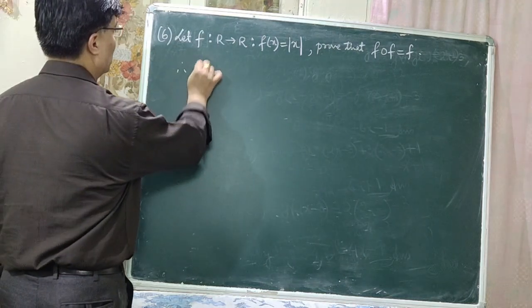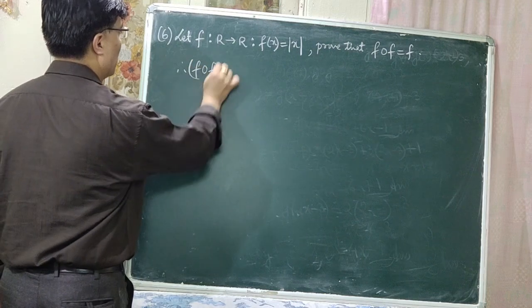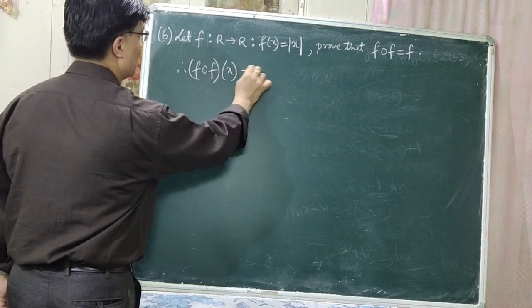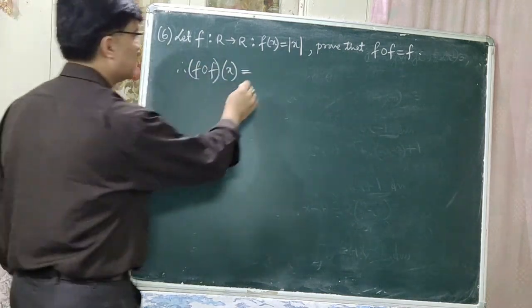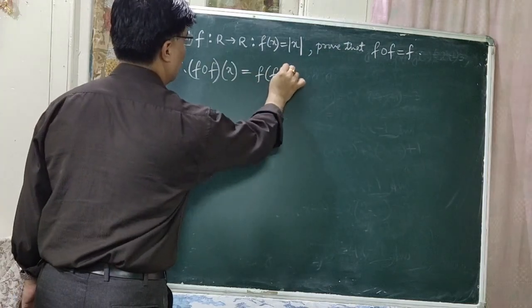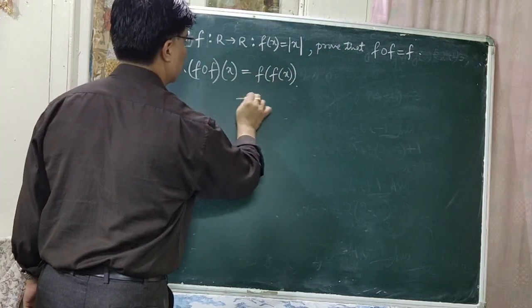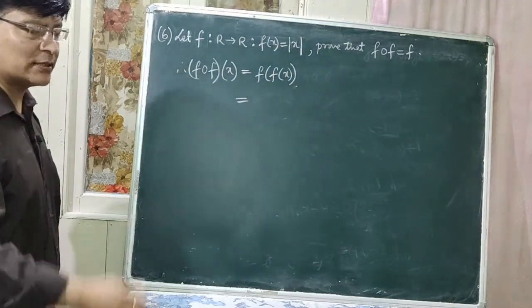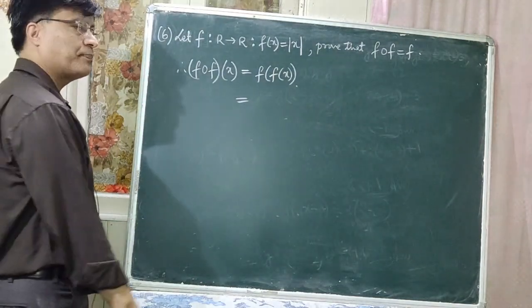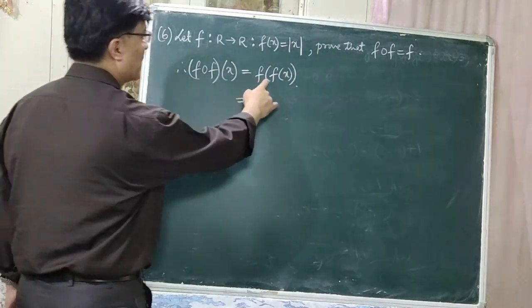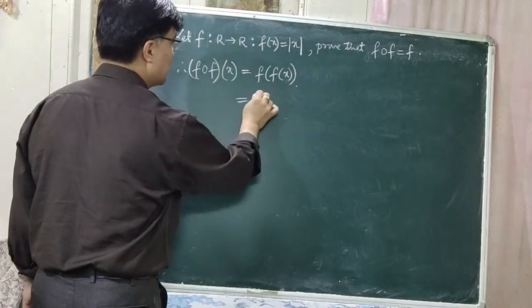So therefore f of f of x, which is equal to, next you have to put the value for f of x. What is f of x? It is mod x.